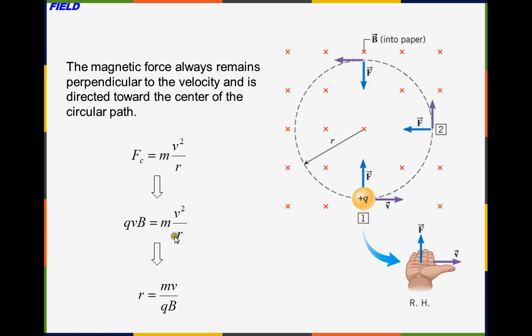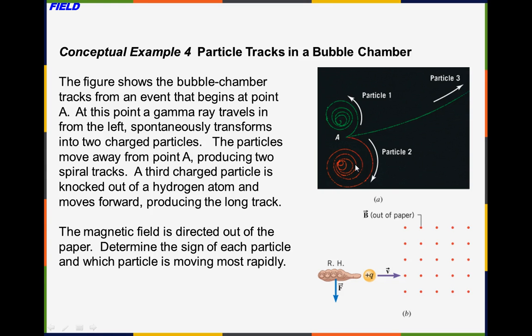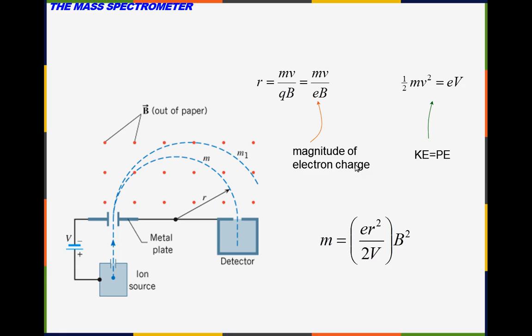So force equals qvb equals mv squared over r. So r, the radius for something to go around in a circle here, equals mv over qb. So we could inject a particle into a magnetic field and figure out its radius going around. That has applications in mass spectrometry. We won't do bubble chambers.